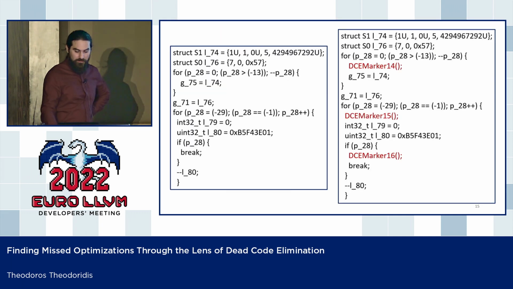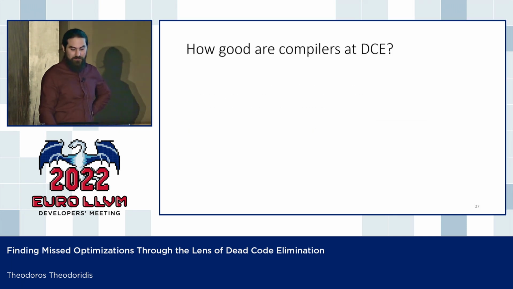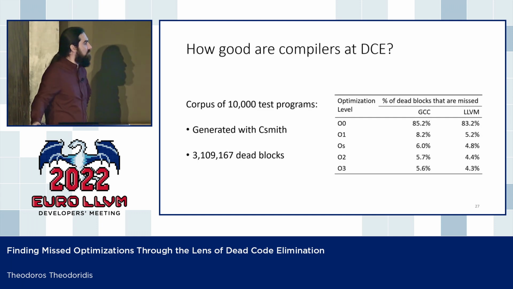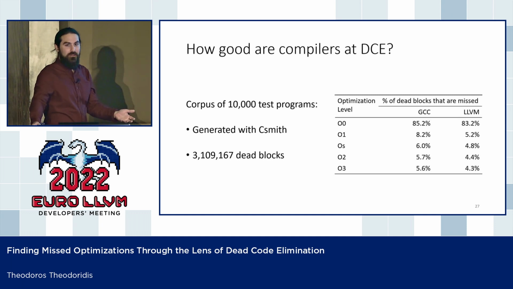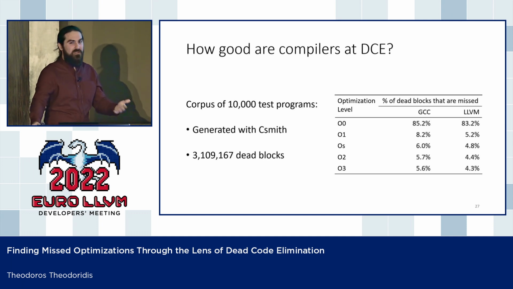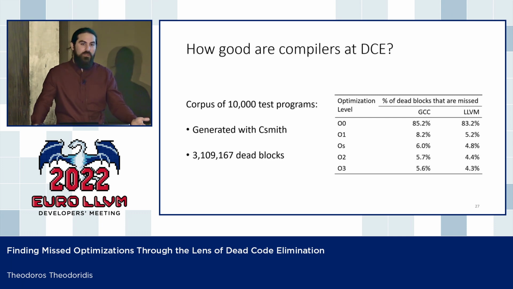So let me find the slide. To get these numbers, we did exactly what you're describing. We ran the code to find which pieces are actually dead. The problem is that with generic code, it's a bit difficult. But the nice thing with Csmith programs is that they're closed, so they don't take any arguments, and they're deterministic.